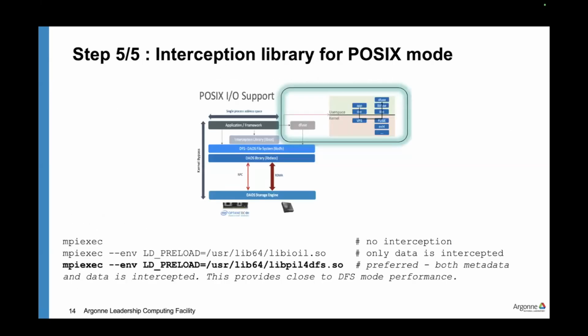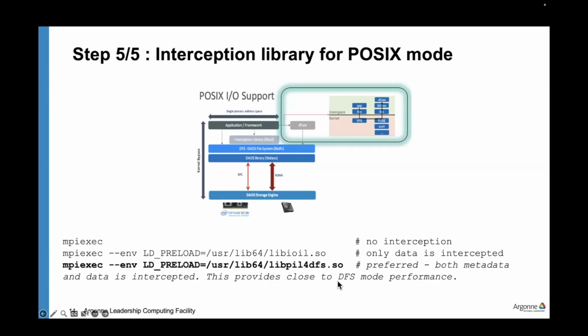So the last step is an interception library. We have this libpil4dfs, which, when you're using this POSIX container, intercepts both the metadata and data, and it provides higher performance, close to the libdfs DFS interface.